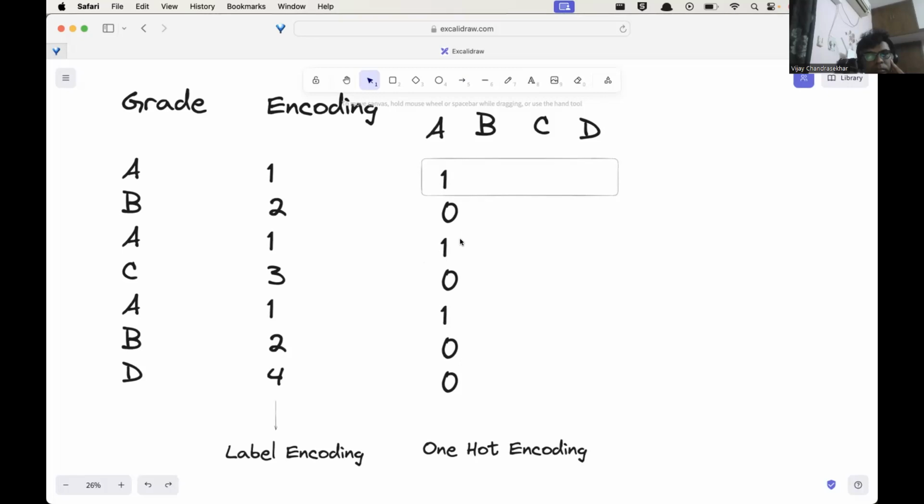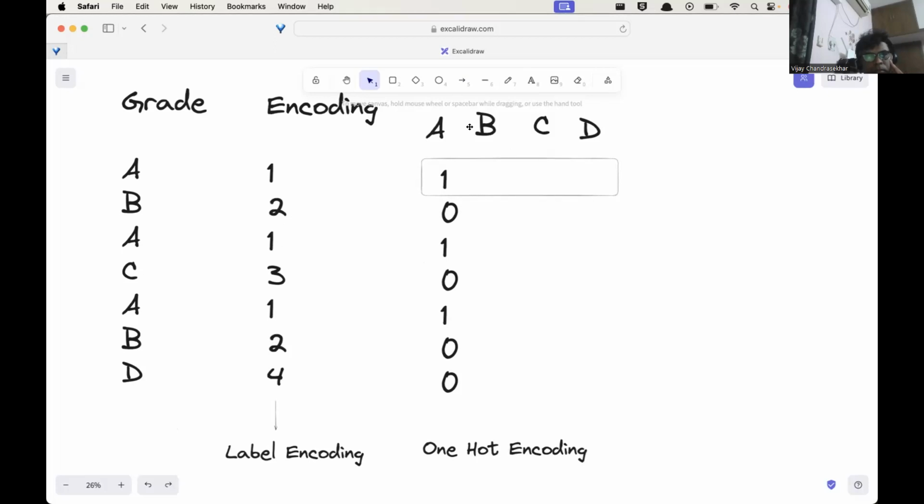In linear regression, it is highly recommended. I mean, you have to use only one-hot encoding, because the moment you use 1, 2, 3, 4, even if it is ordinal, it assumes that 2 is greater than 1 by 1, 3 is greater than 2 by 1, which is not always true.